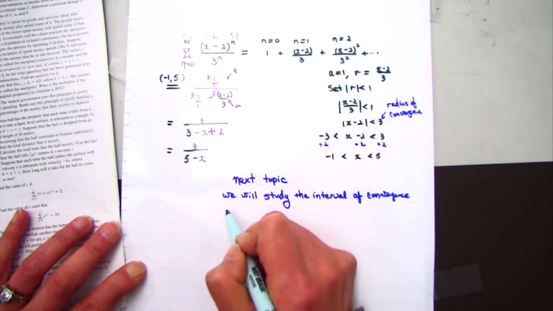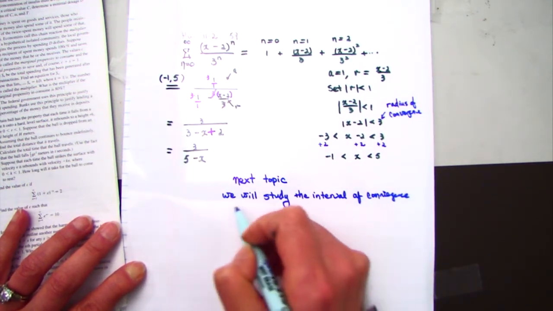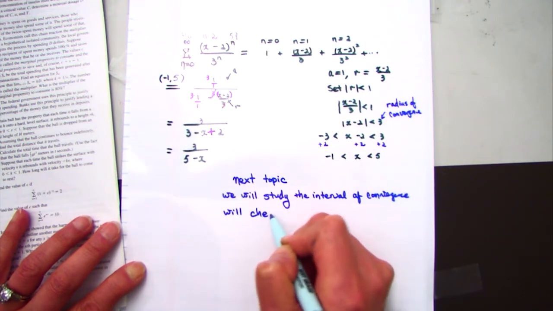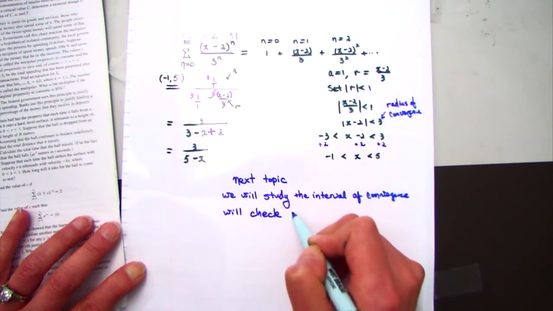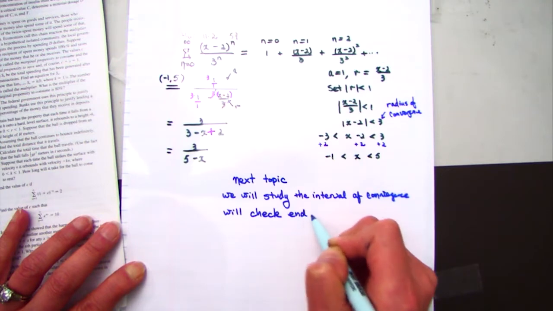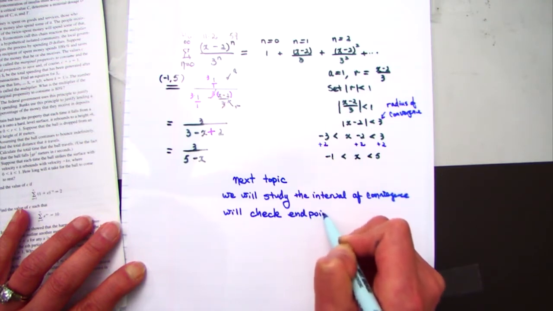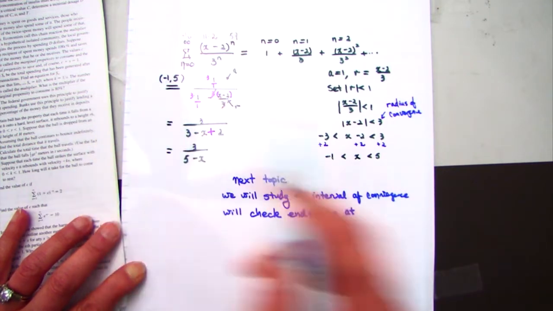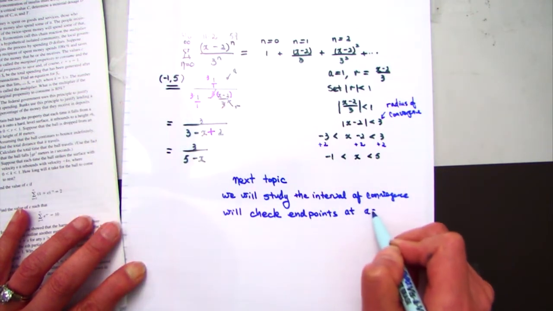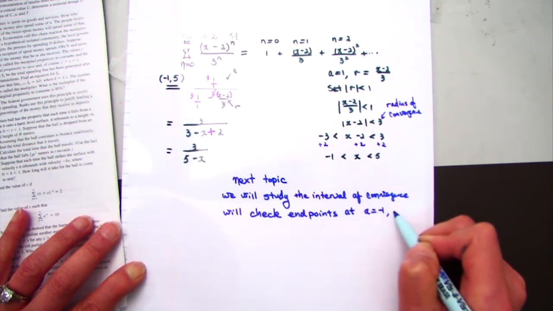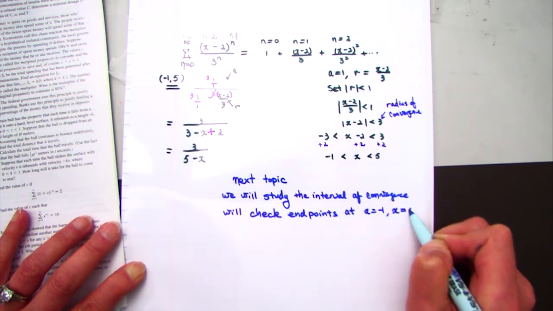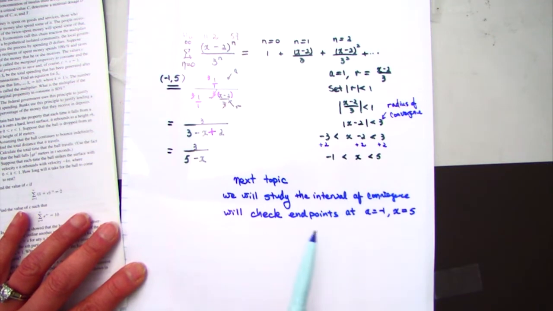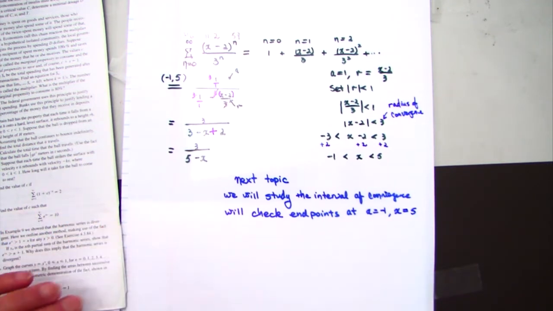Okay, and we will check endpoints at these two ends, x equals -1 and x equals +5. Okay, and once we get to that, then we'll have the interval of convergence.